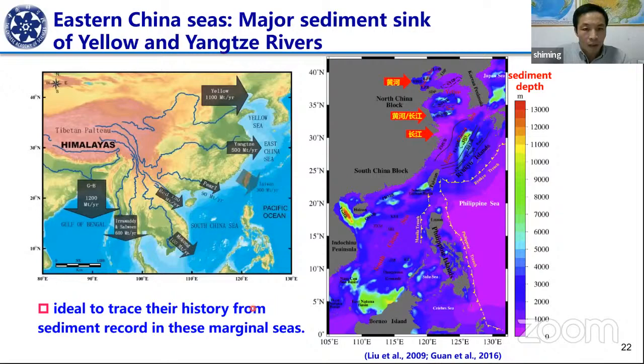The eastern China seas, including the Bohai Sea, Yellow Sea, and East China Sea, are the major sediment sink of the Yellow and Yangtze Rivers. So this is an ideal region to trace the history of the Yellow and Yangtze Rivers in the geological past.